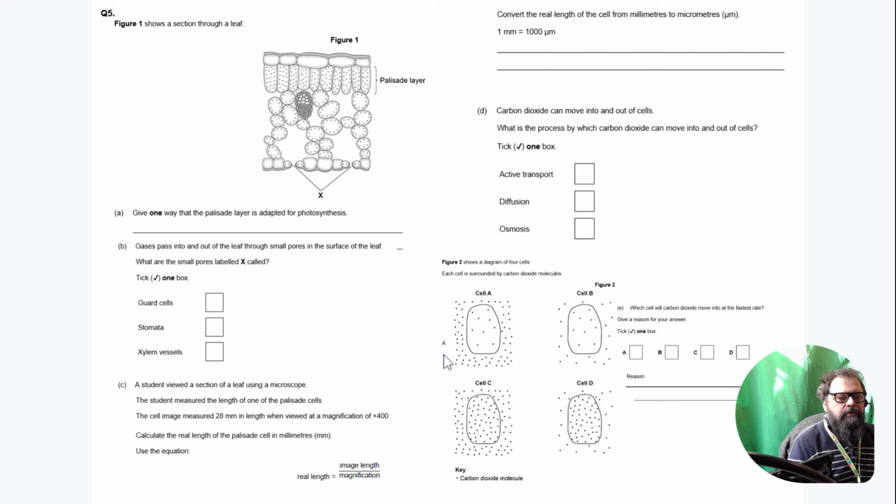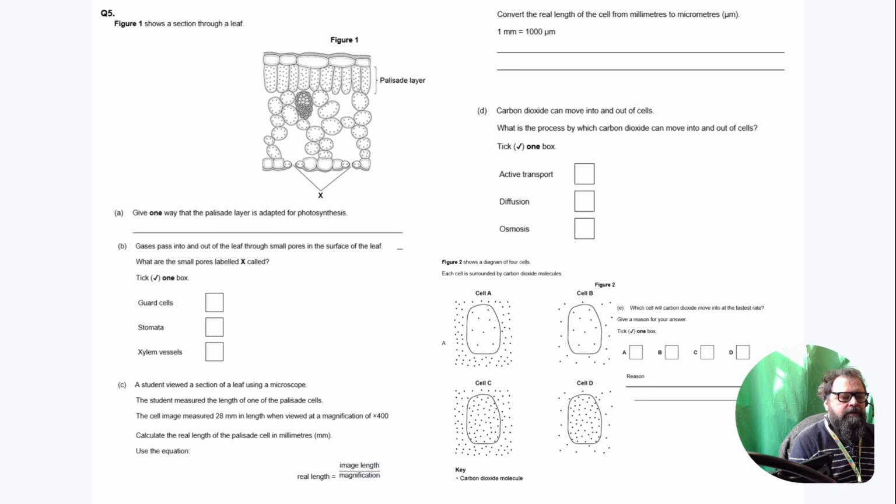There's some diagrams trying to show numbers of molecules here. Okay, so if we're looking for the fastest rate, the main factor that affects how fast diffusion happens is the difference in concentration. So you're looking for the biggest difference between inside the cell and outside the cell.